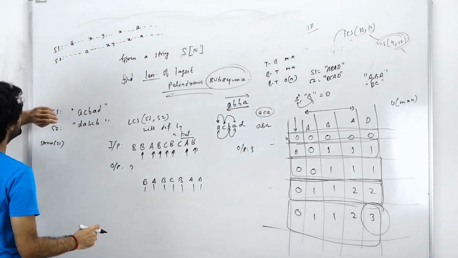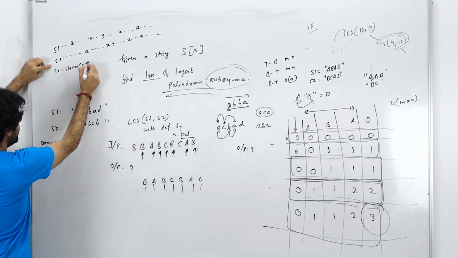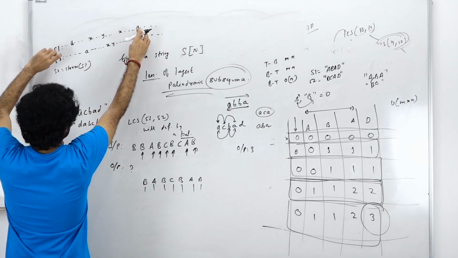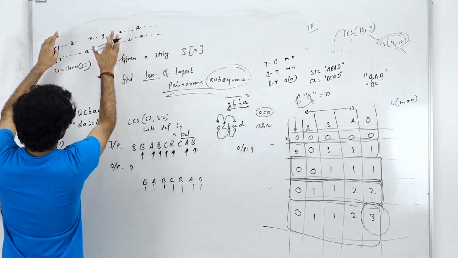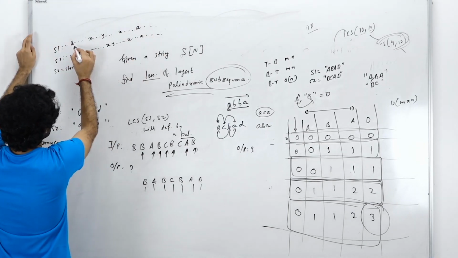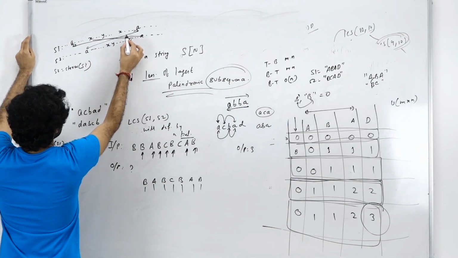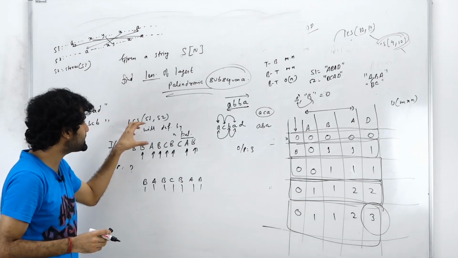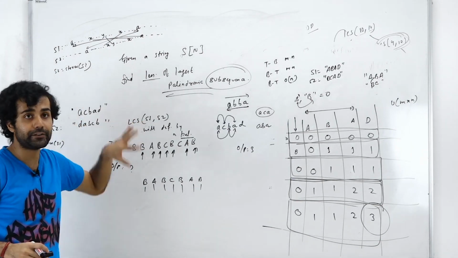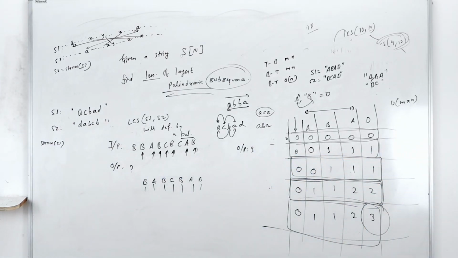And this is for sure that because this S2 is nothing but a reverse of S1, so this A would have come here, this A would have gone here because you reverted it, right? So this thing would have gone here, this thing would have gone here, this X would be here, this X would be here and this Y would be here. So whatever would be the longest common subsequence of S1 and reverse of S1, that will definitely be palindromic in nature. Yes or no? Now does that make sense to all?